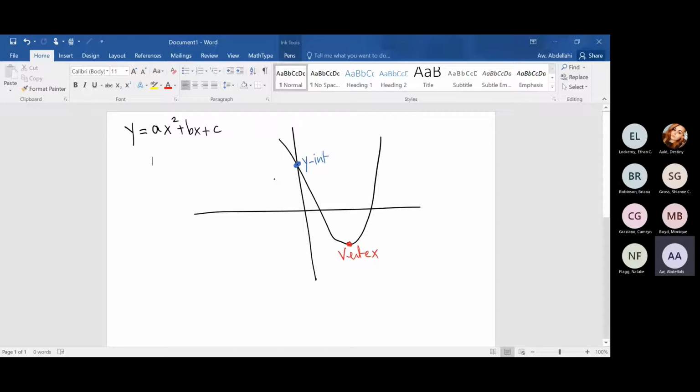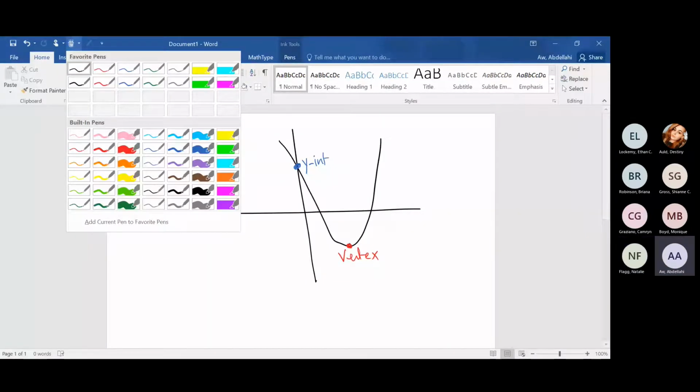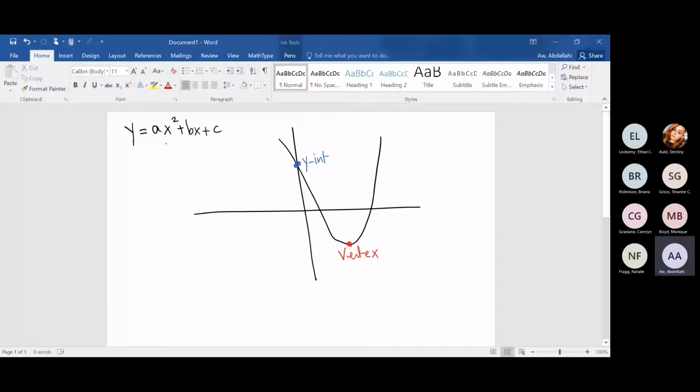So now, if you set x equals 0, look at the equation: y equals ax squared plus bx plus c. When you substitute x with 0, how much is going to be y? You can do that in your head. Everywhere you see x, put 0 in there.